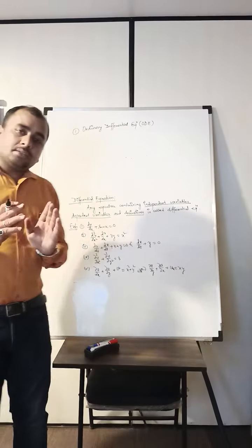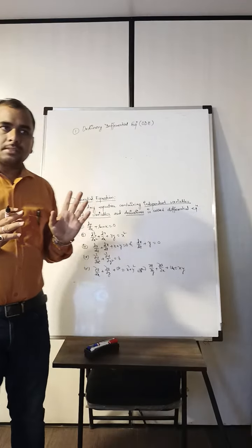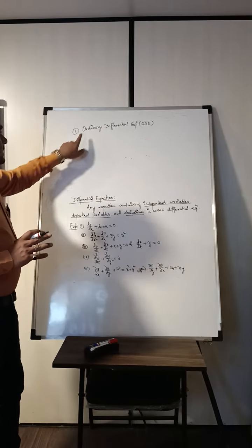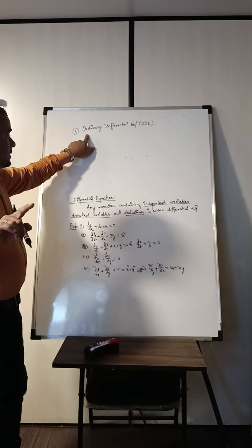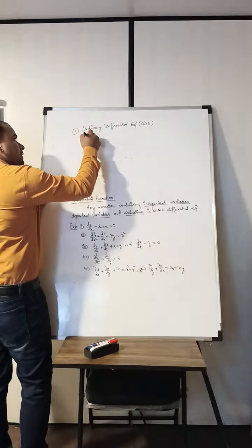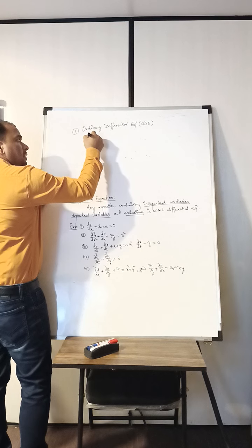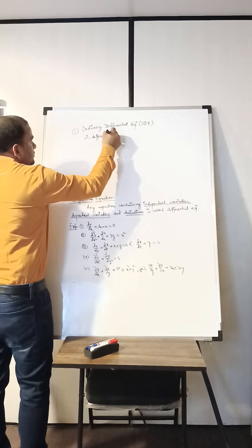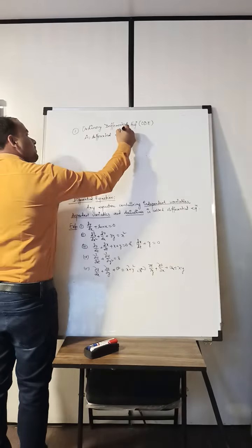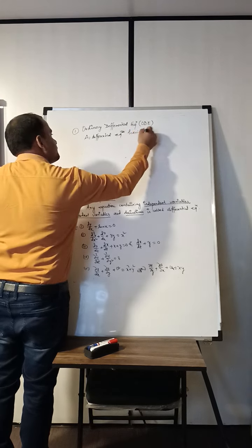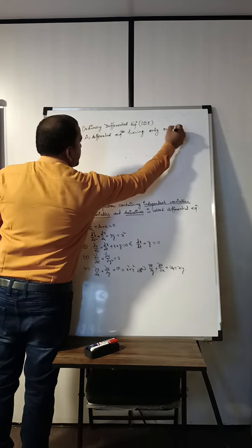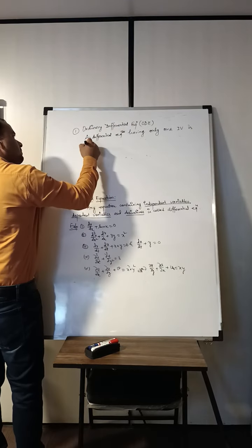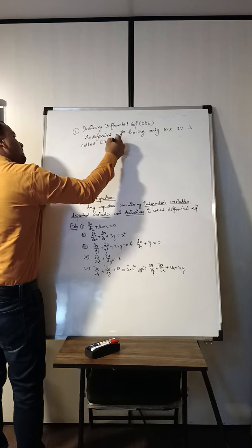Ordinary derivative means it has only one independent variable. So a differential equation having only one independent variable is called an ordinary differential equation.